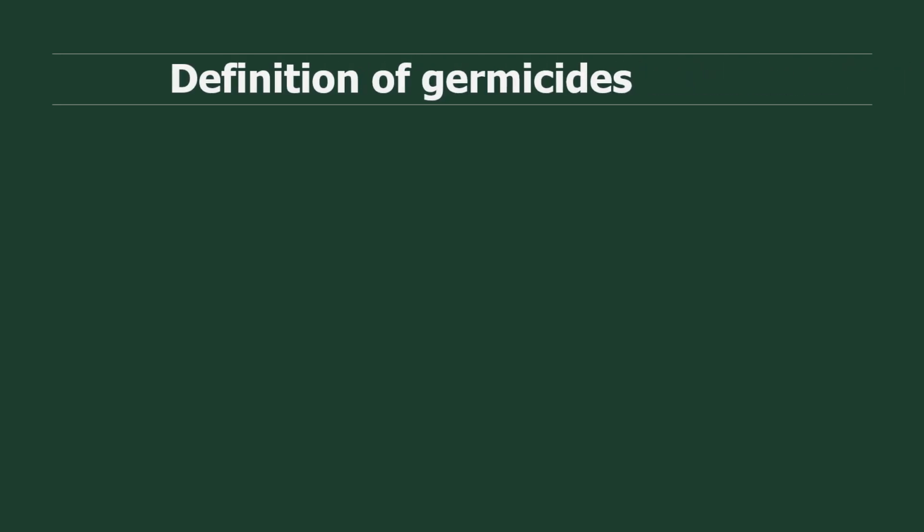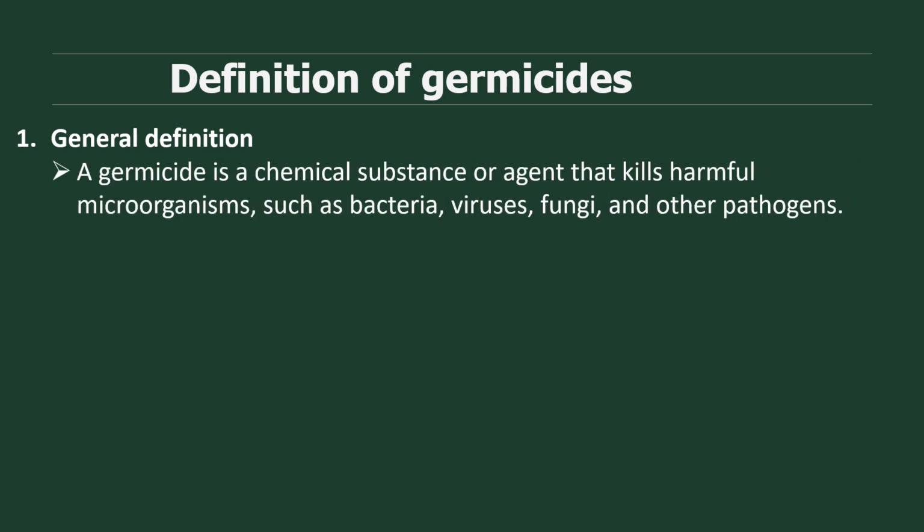Let us look at the definition of germicides. We have the general definition, and under that we can define a germicide as a chemical substance or a chemical agent that kills harmful microorganisms. Examples of these microorganisms include bacteria, viruses, fungi, and other pathogens.